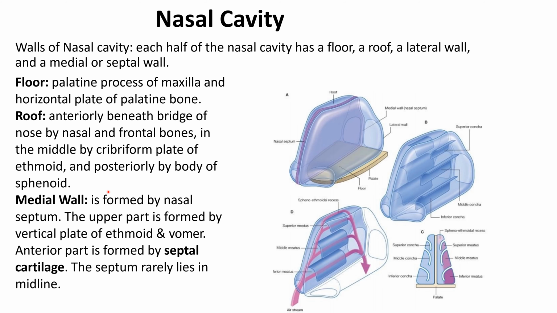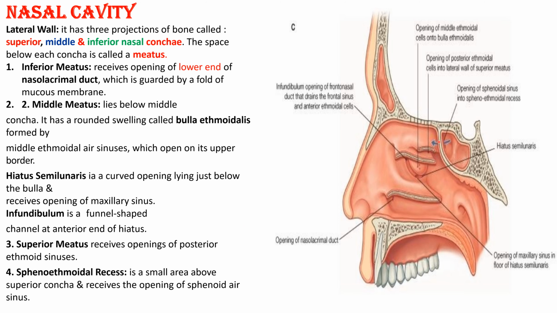This is the 3D detail of the formation of the roof and the floor of the cavity, plus the medial wall, which forms the septum from bone and cartilage. We will look here. This is the lateral wall and the orifices, and here the cribriform plate, which is for olfaction, plus the communication of the four sinuses.